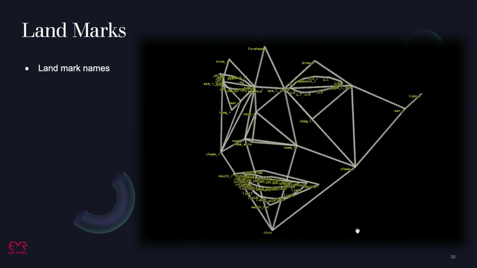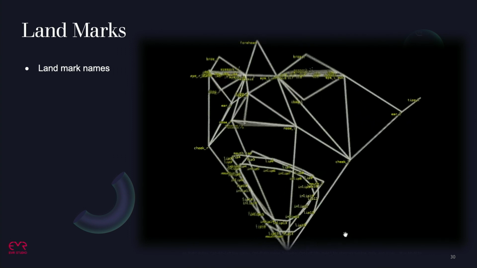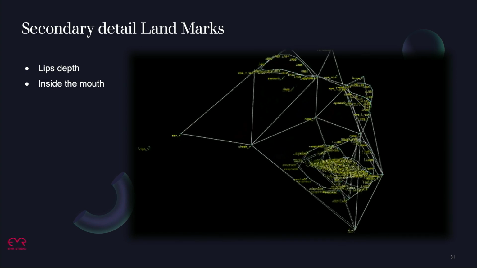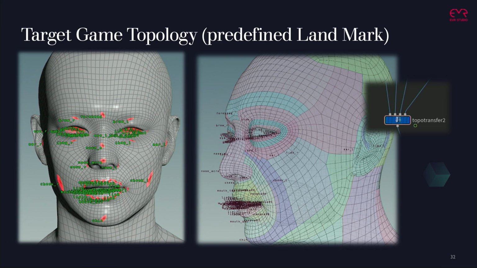Since the landmark topology stays consistent, the landmark names stay consistent. Procedurally generated inside mouth details are also shown. The landmarks are then matched by their names with the predefined landmarks on our target user input topo mesh template. Since we have a predefined topology, making the landmarks is a trivial task.